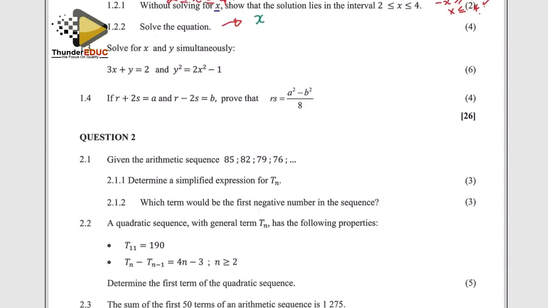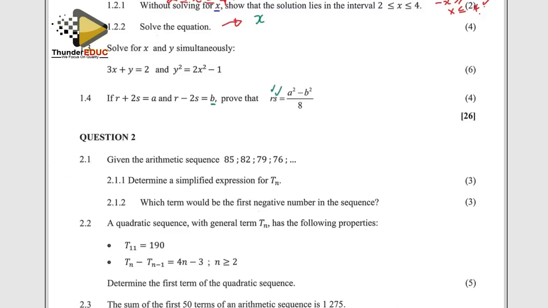And then 1.4. So they're telling us that if r plus 2s is a and r minus 2s is b, can we prove that rs is the same as this? So it's going to be tricky for me to just get r and s alone.